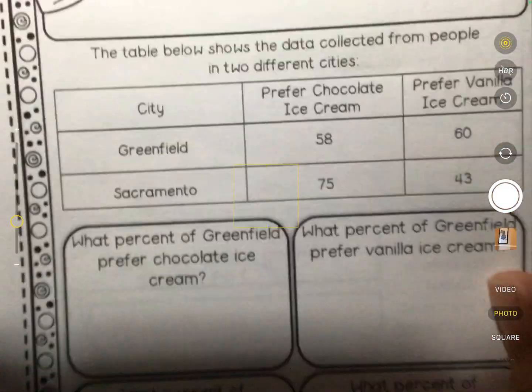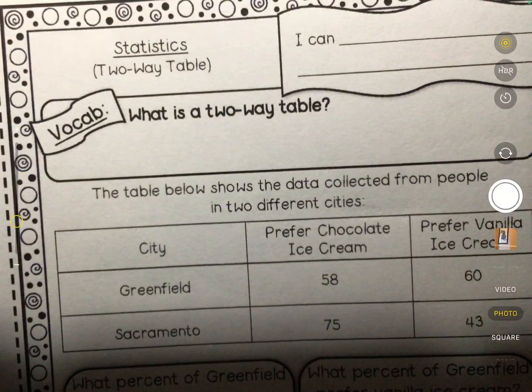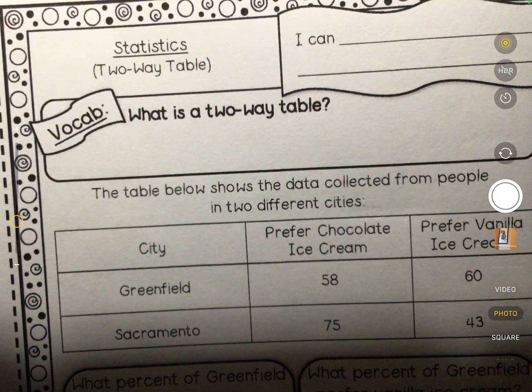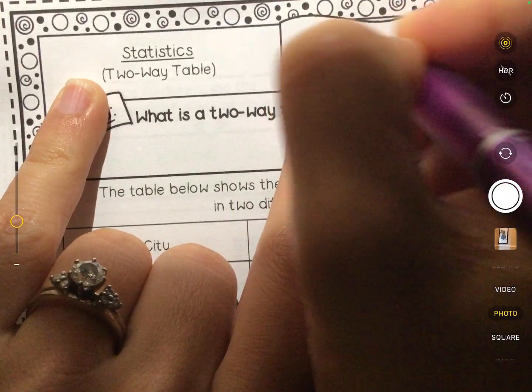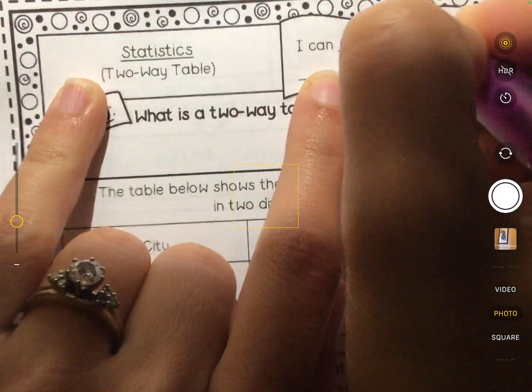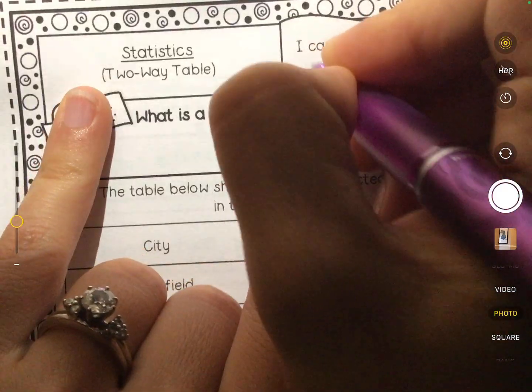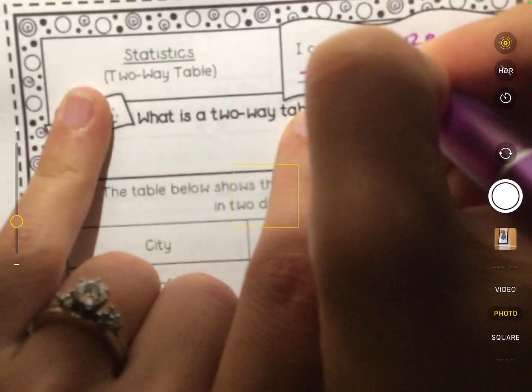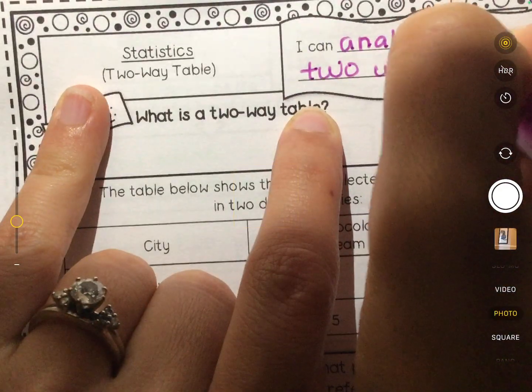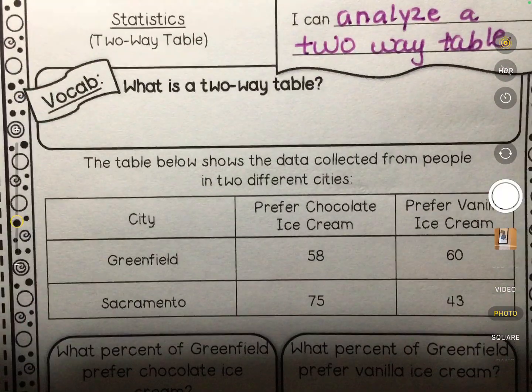This is not algebra. This is geometry. It is a two-way table. So all I'm going to put is I can analyze a two-way table. All right, so what is a two-way table?